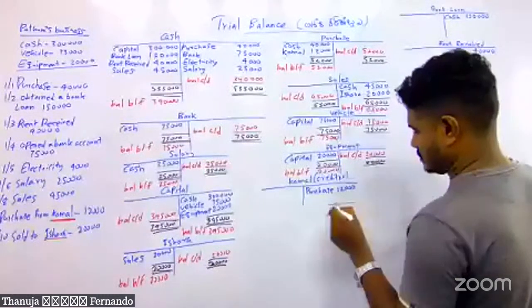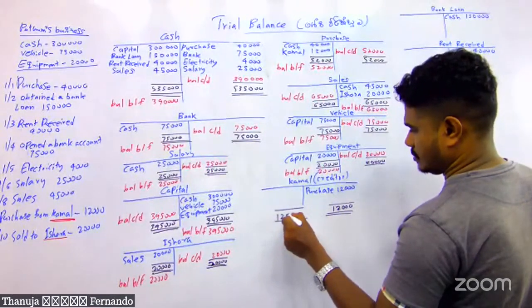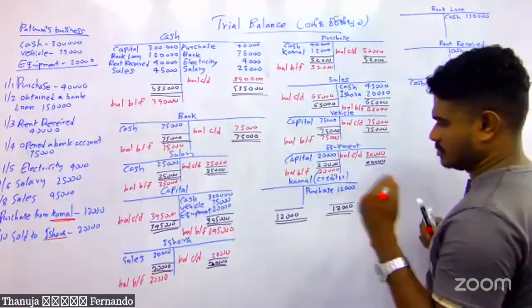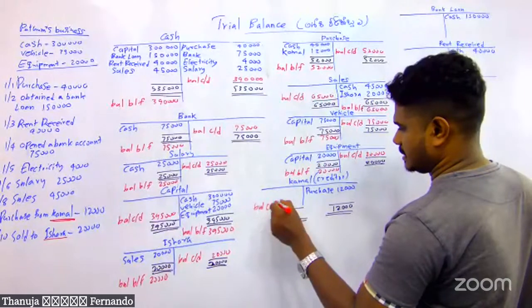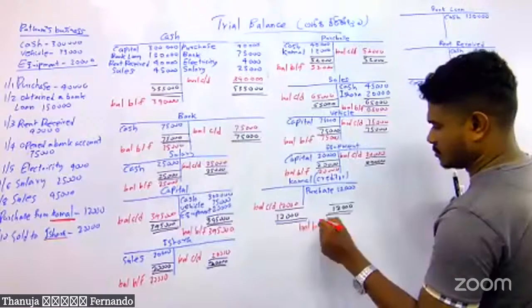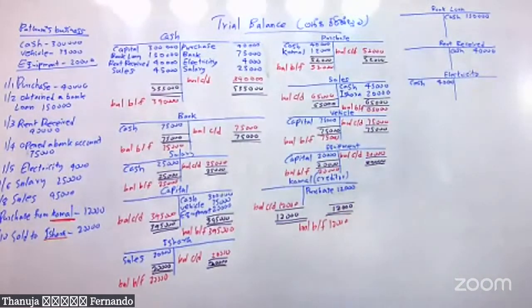12,000. We deduct 0, balance CD 12,000, then balance brought forward 12,000. Right.